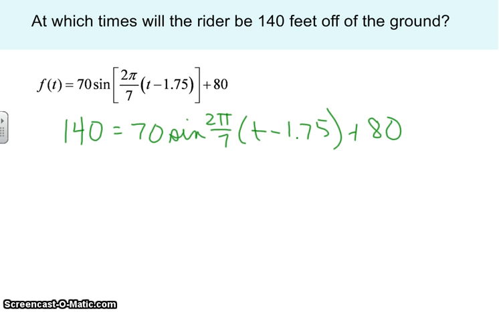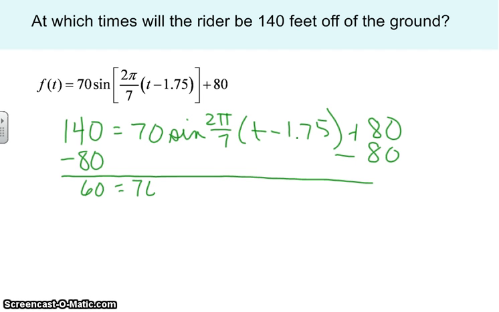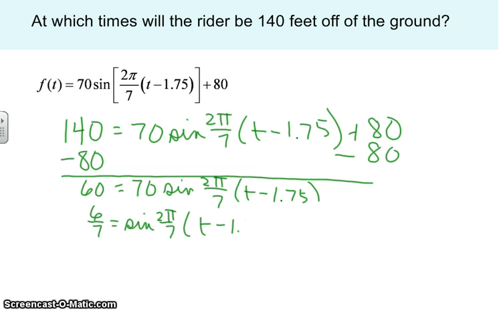I'm going to subtract 80 from both sides, and I am going to get 60 equals 70 sine of 2 pi over 7 times t minus 1.75. Now the next thing I'm going to do is divide both sides by 70, and I will get 6 over 7 equals sine of 2 pi over 7 times t minus 1.75.